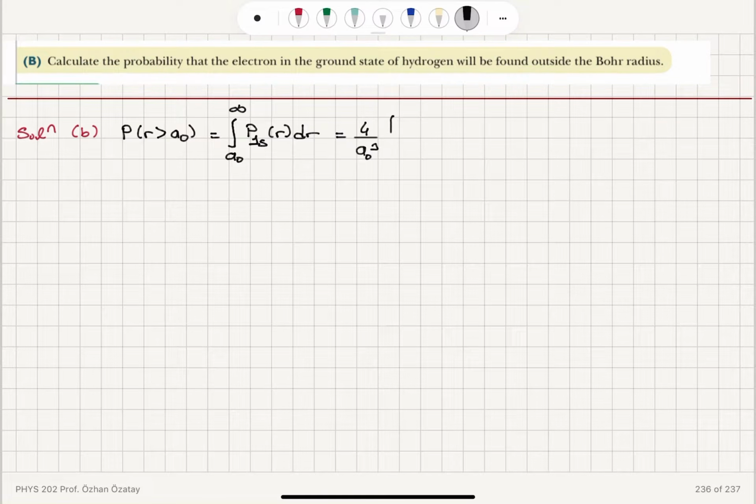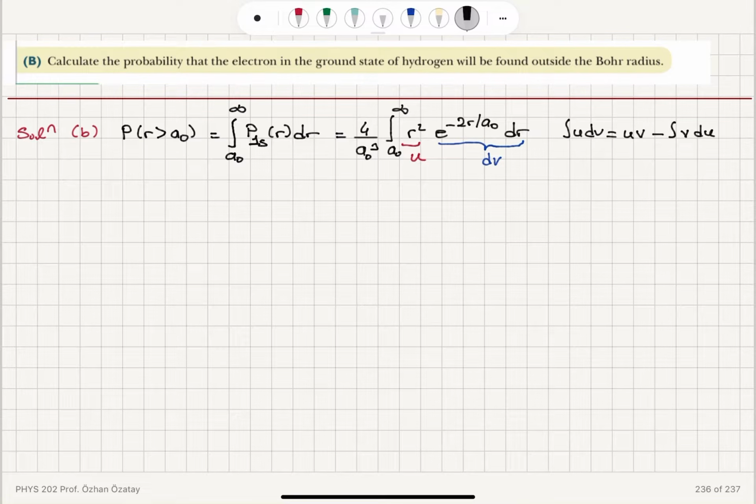And this will be an integral from a0 to infinity, r square e to the minus 2r over a0 dr. So what I'm going to do is I'm going to call this e to the minus 2r over a0 dv, and I'm going to call this part u. Okay, so I will be doing integration by parts. So integral of u dv is equal to uv minus integral v du.